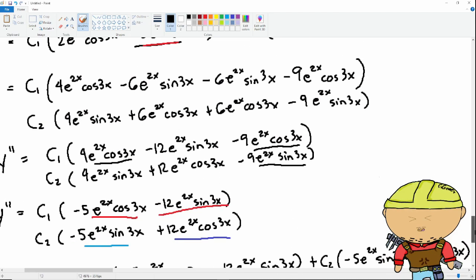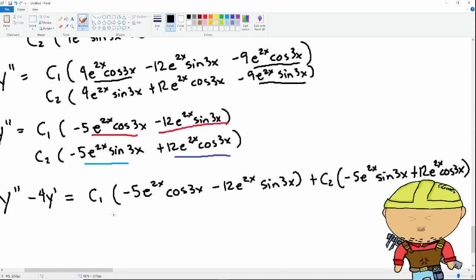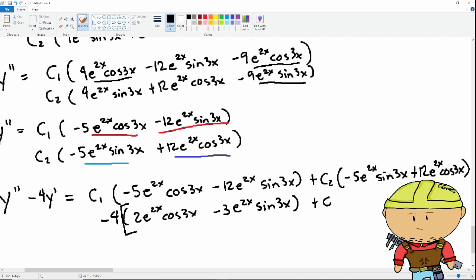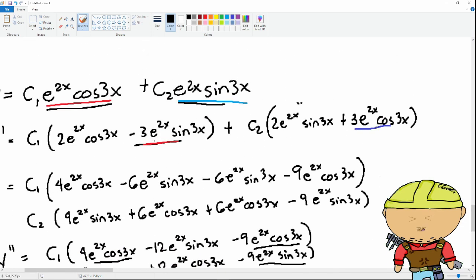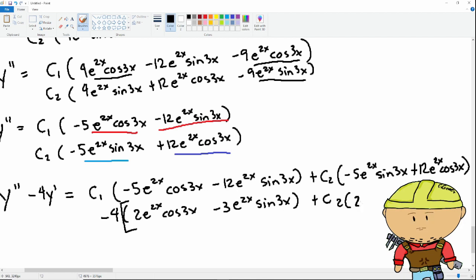So, for y prime, what is y prime? 2 e to the 2x cosine 3x minus 3 e to the 2x sine 3x, plus C2 times 2 e to the 2x sine 3x minus 3 e to the 2x cosine 3x. We multiply y prime by 4, negative.